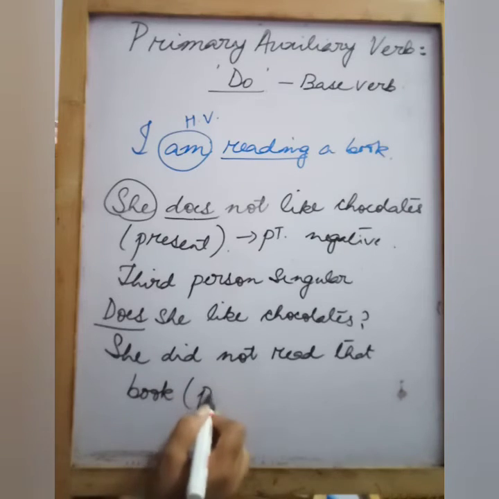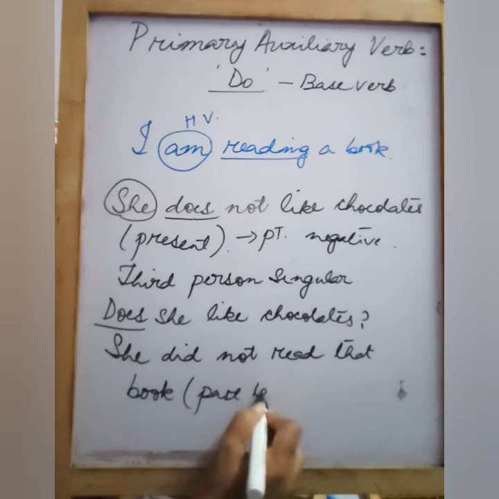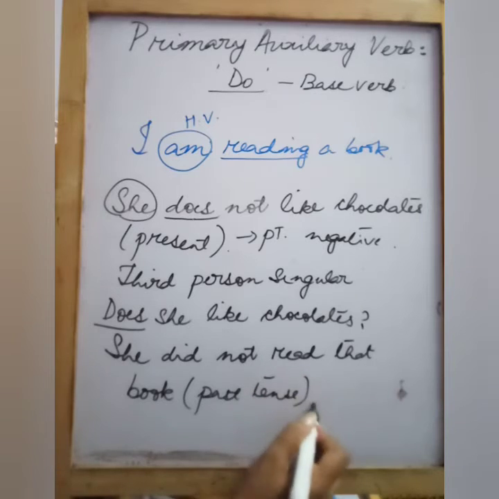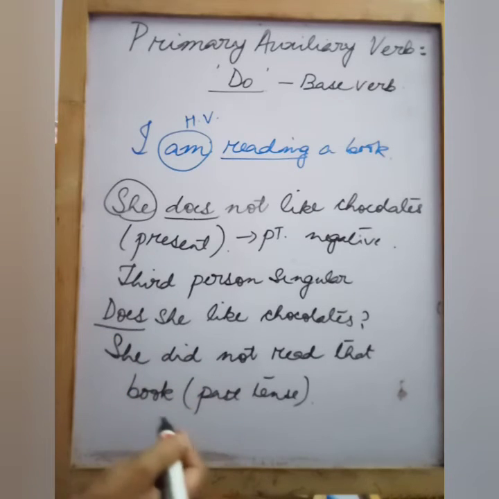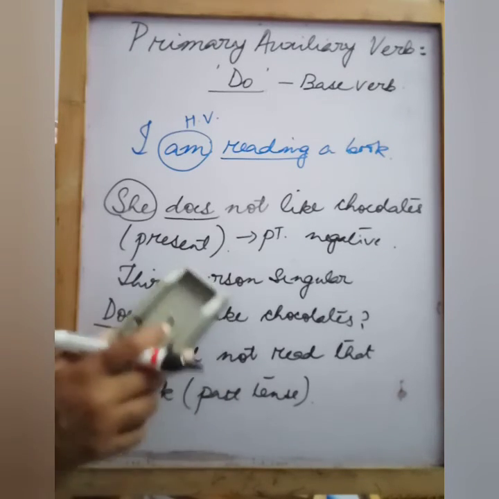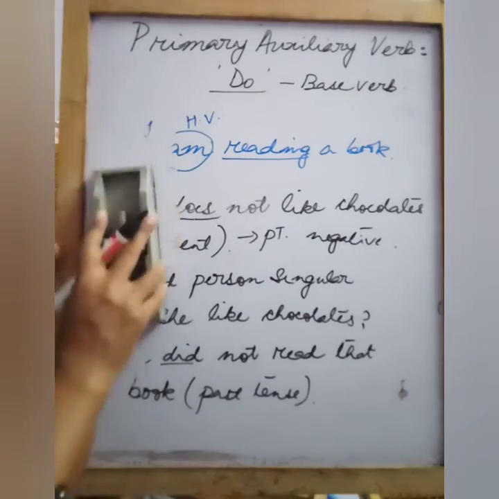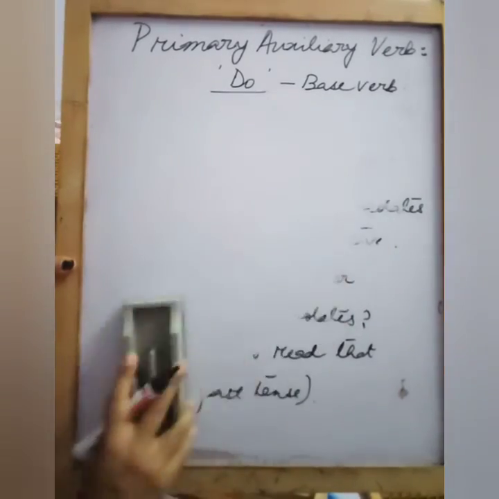So this is in the past tense as well as a negative sentence. Now if I want to write this same sentence in the interrogative form using the past tense, using did, how will I write? Did she read that book? Isn't it? Fine. So this is the interrogative.